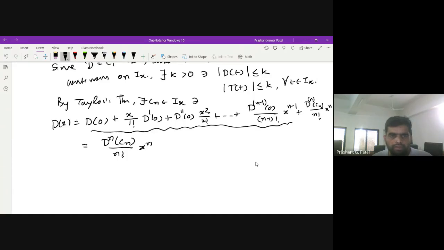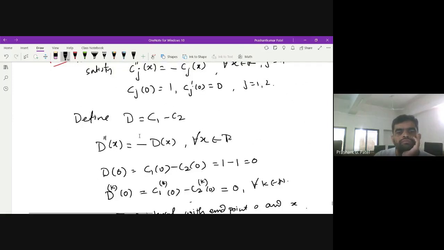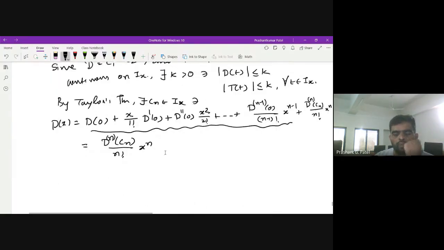Now the first derivative of d is also in terms of d, and the second derivative is also there. So dn at Cn is either plus or minus d of Cn or t of Cn.